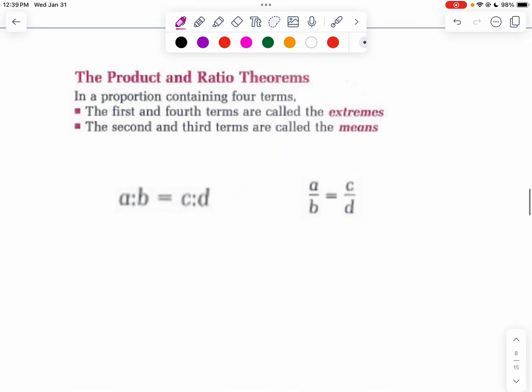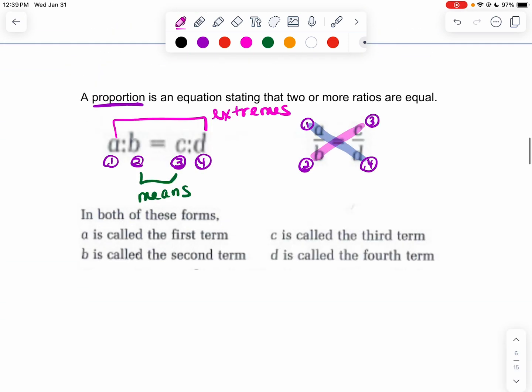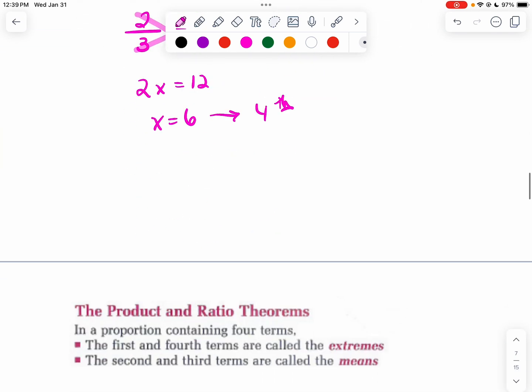Okay, so the product and ratio theorems. In a proportion containing 4 terms, the first and fourth terms are called the extremes. The second and third terms are called the means, which is what we just said up here.